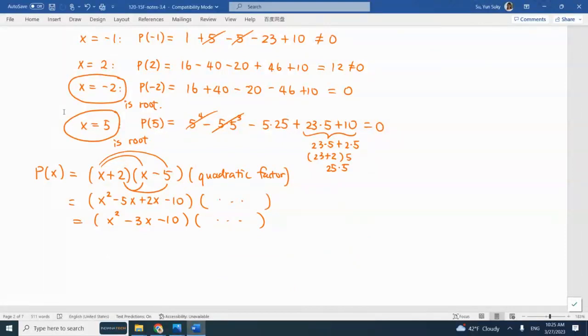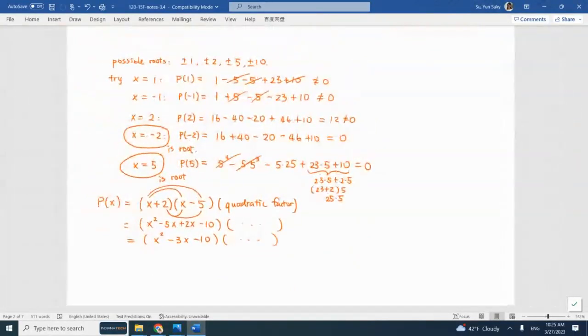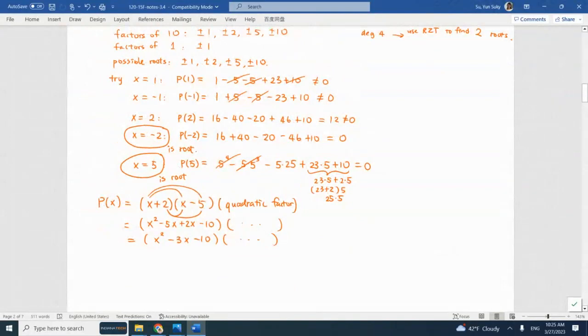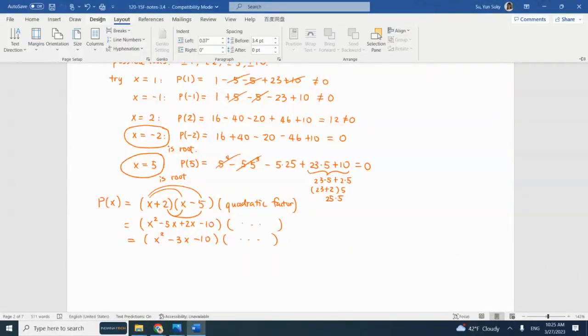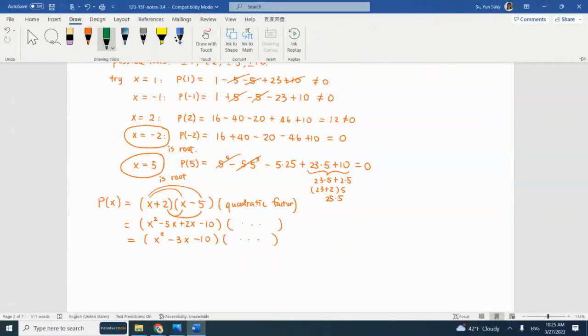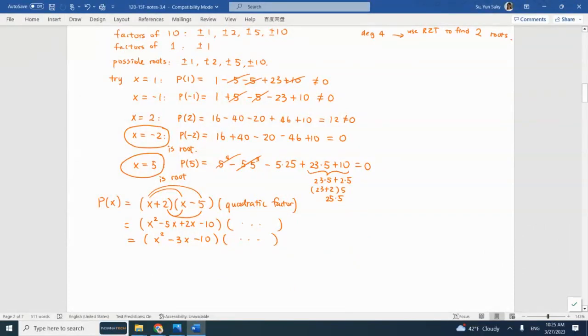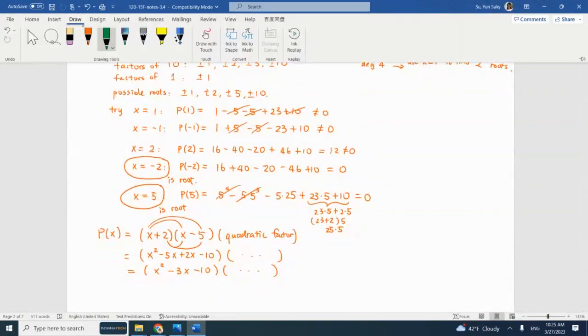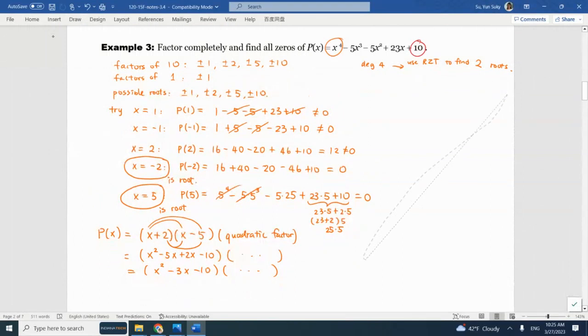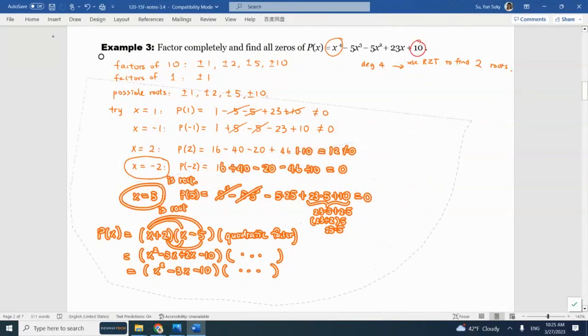Okay, now long division. So let me do long division right here. Let me move this to the left a little bit so I have more space for the long division.